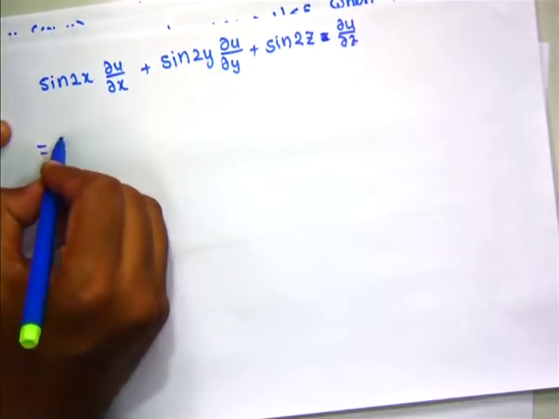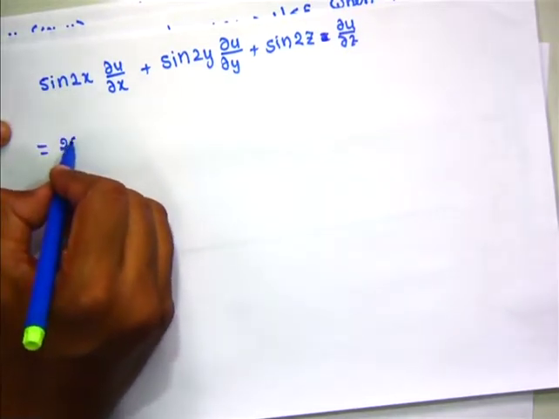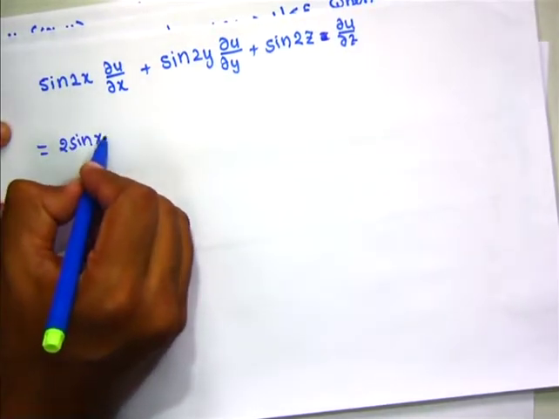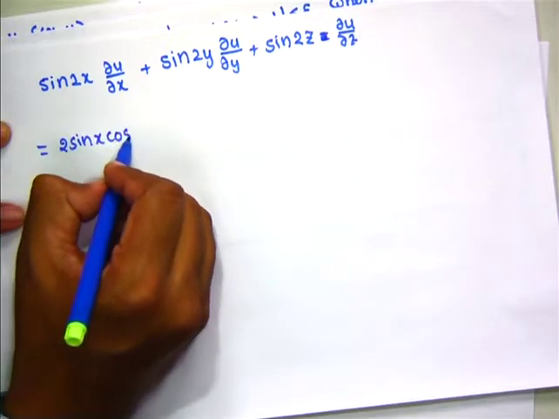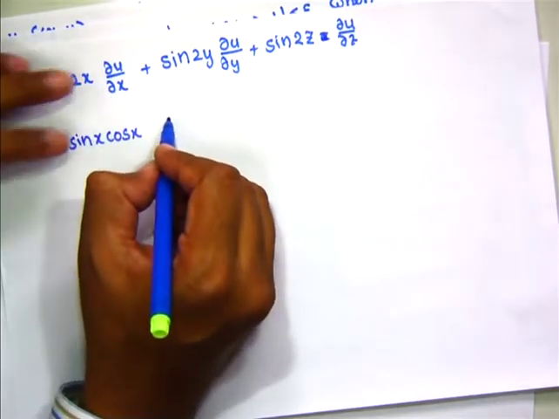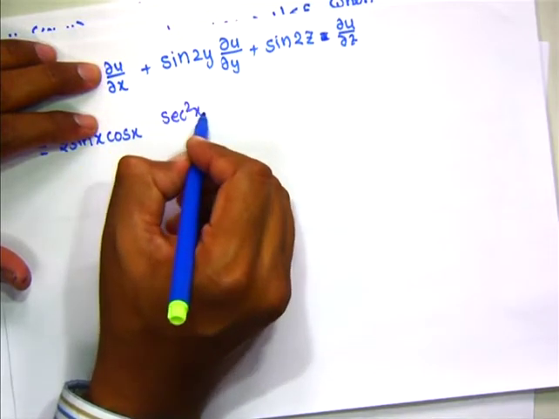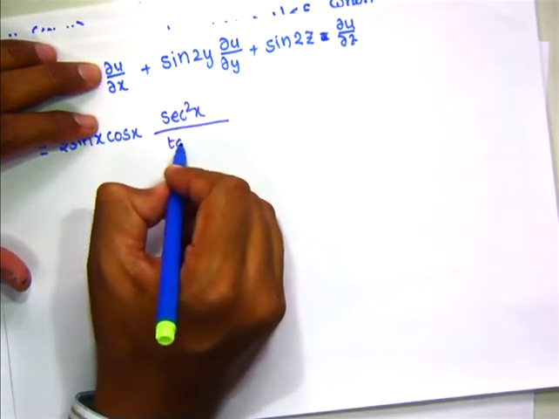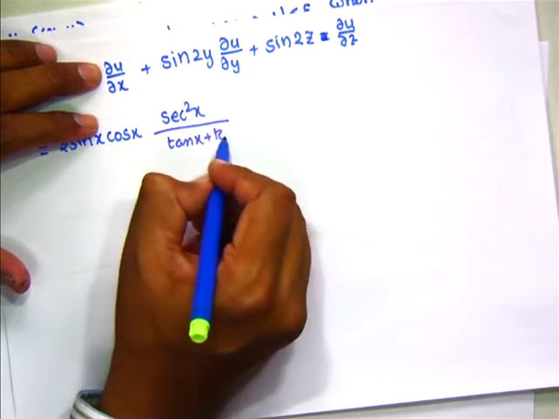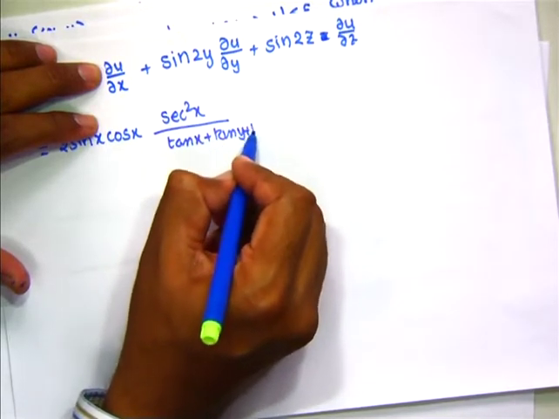It is equal to sin 2x, which is 2 sin x cos x. The value of del u by del x is sec square x upon tan x plus tan y plus tan z.